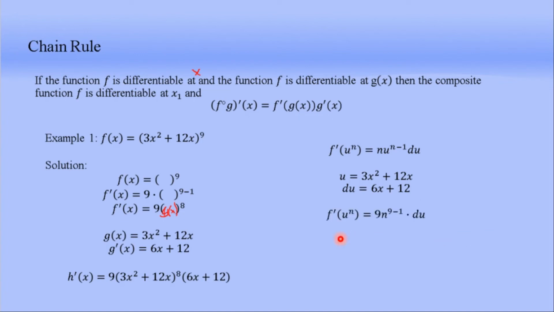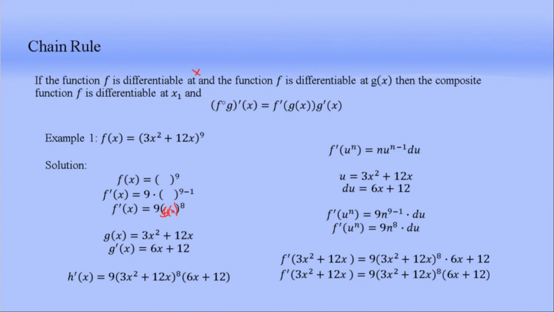Now we're going to input it to the formula. n is the exponent, so n times u raised to n minus 1 times du. It's the same. That's it, I get the same answer.